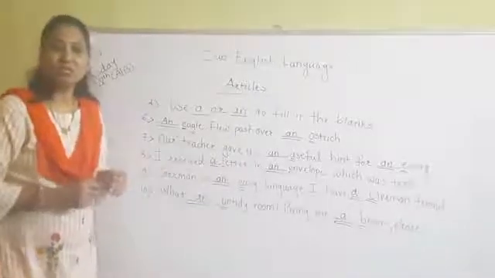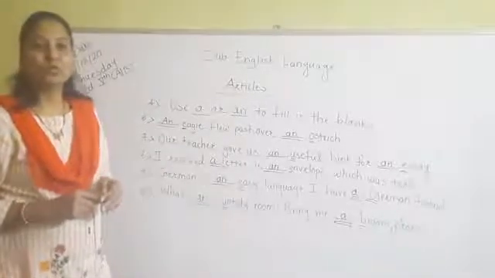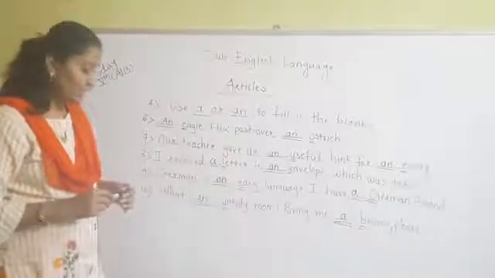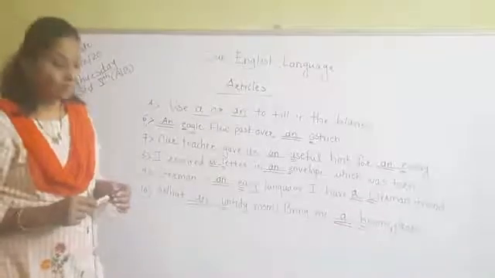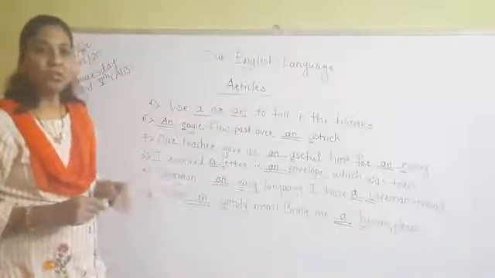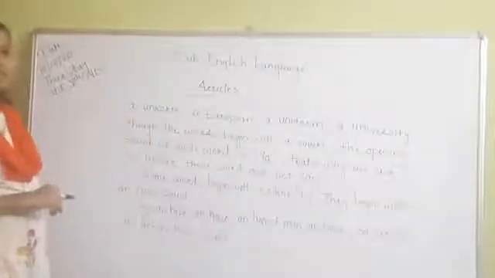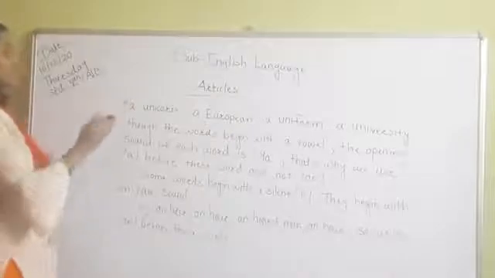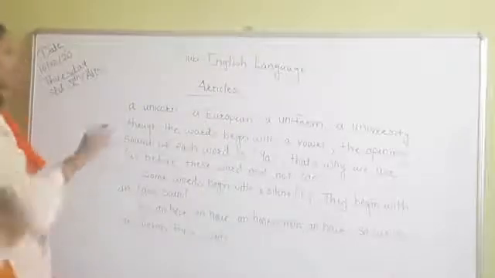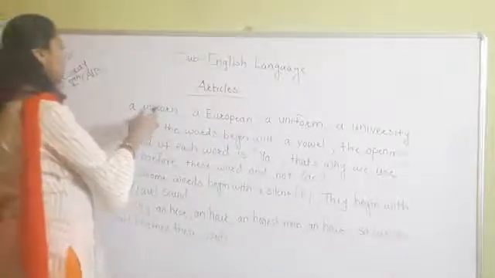Now question number B that you have to solve. Okay, now we are going to continue. Let's move forward. Now students, I have written some spellings over here. You can see it.